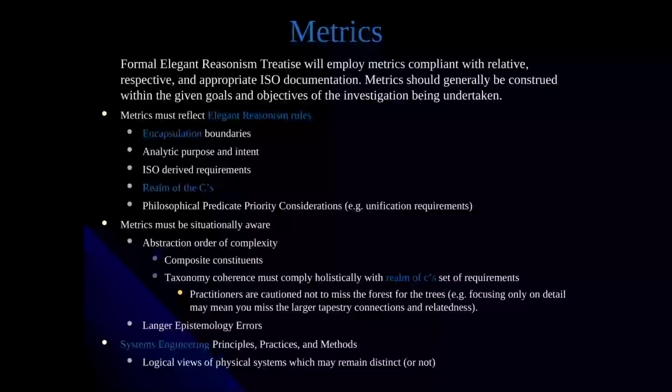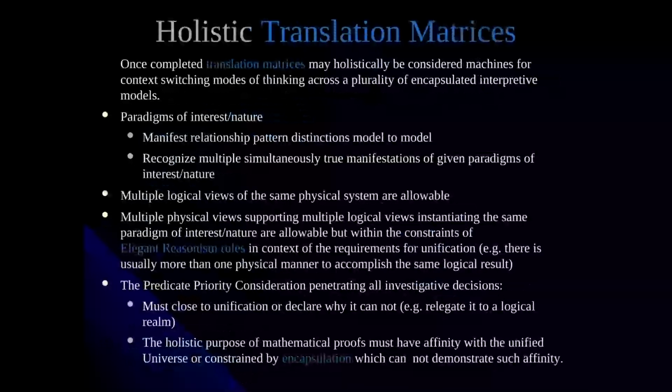Holistic translation matrices. Once completed, you can consider the translation matrices a machine for context switching modes of thought across the plurality of models that you chose to employ in your investigation.